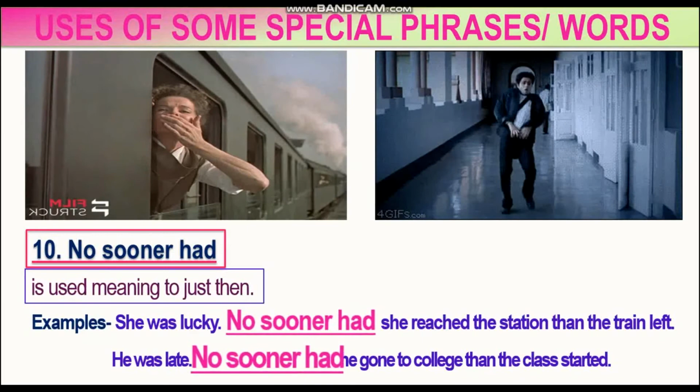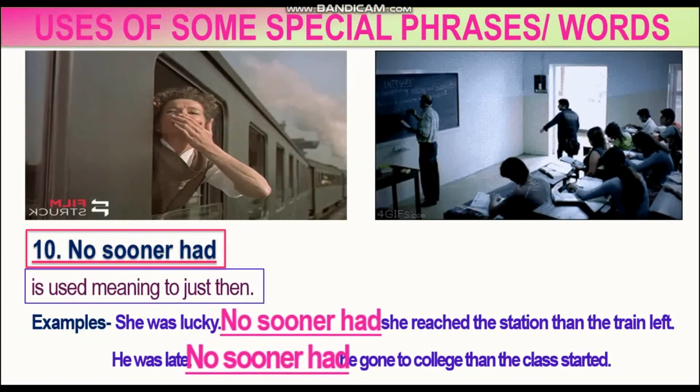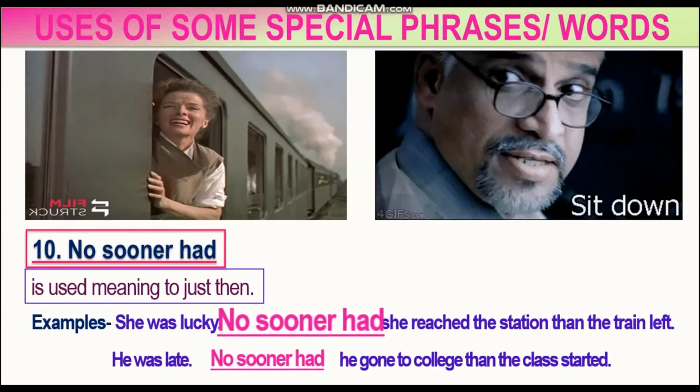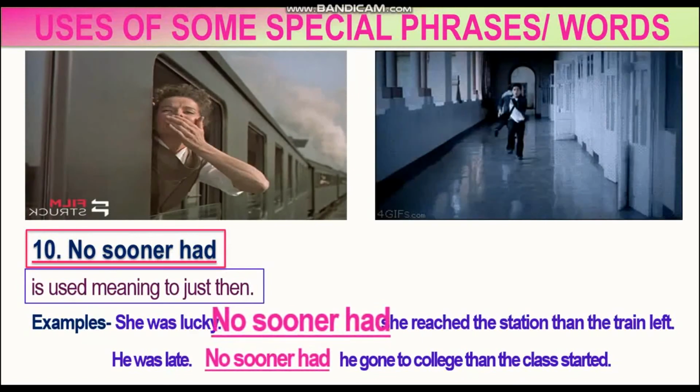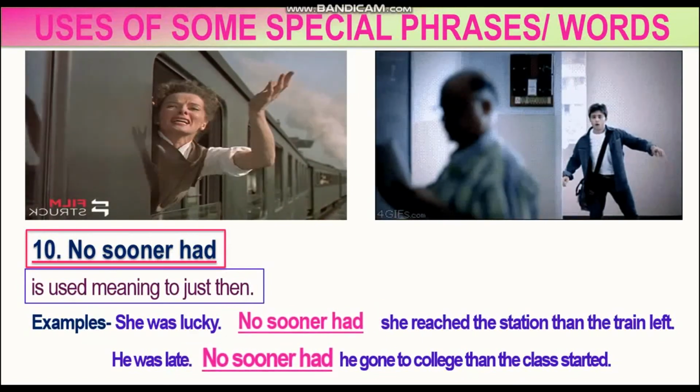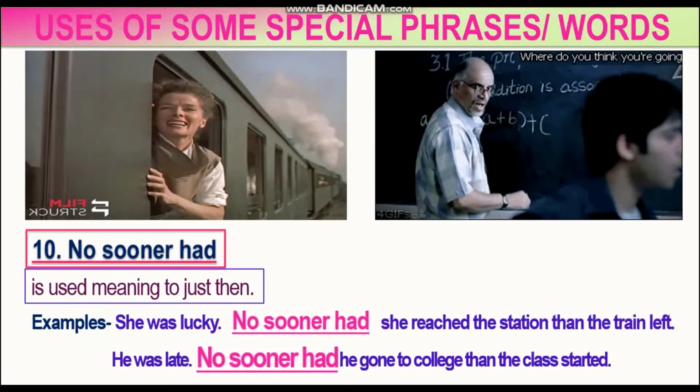Here in the first context, no sooner had she reached the station than the train left. That means the train left just when she reached the station.